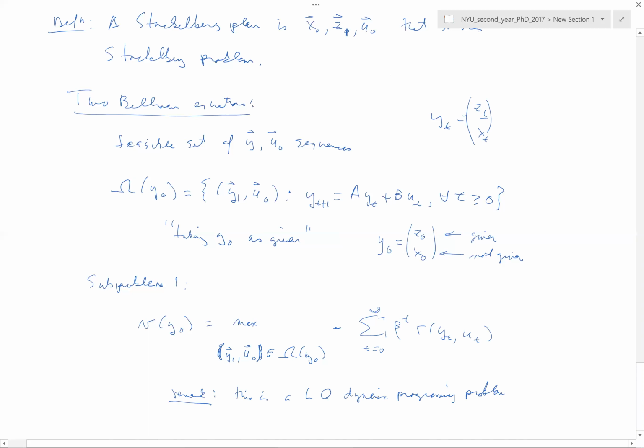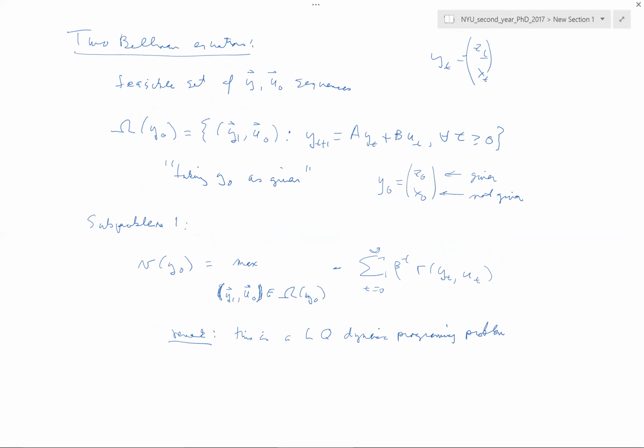And how do we solve it? It's not the problem we ultimately want to solve, but how do we solve it? Well, I used chapter 5 of RMT4, or our last lecture, and we have the optimum value function is minus y0 prime P y0, where P solves the Riccati equation. That's true of subproblem 1.